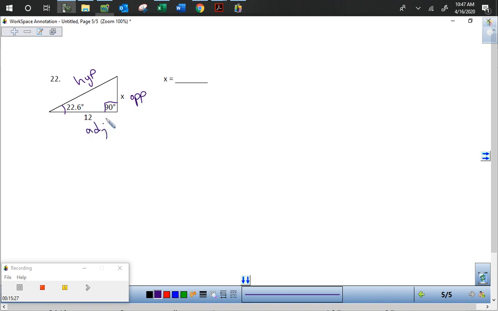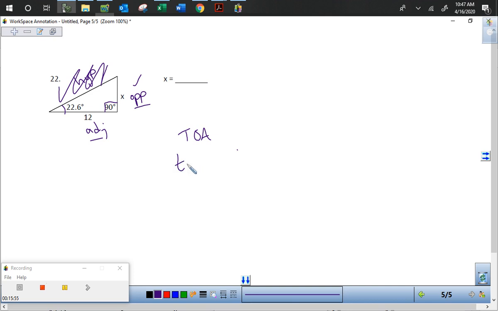When there's not two variables, you want to cross out the blank side. The hypotenuse doesn't have anything on it, so we can't use it. If all sides are labeled, you can use anything, SOHCAHTOA. You pick your favorite. We just have to include this opposite side because that's our variable that we're solving for. So opposite and adjacent for this one, that's O and A, which is TOA in SOHCAHTOA.